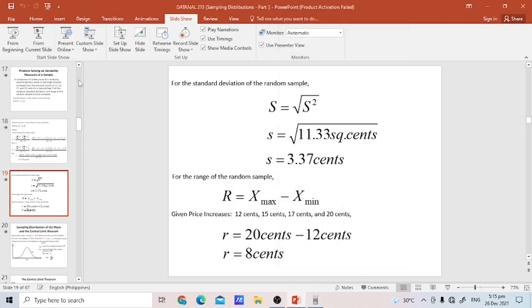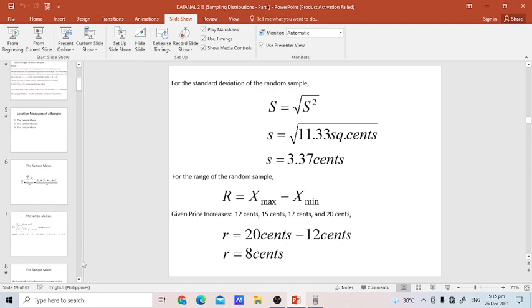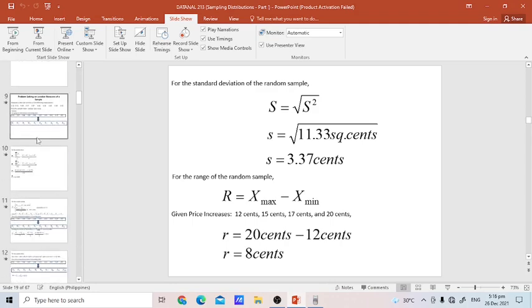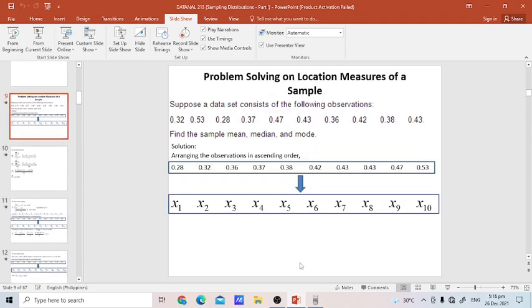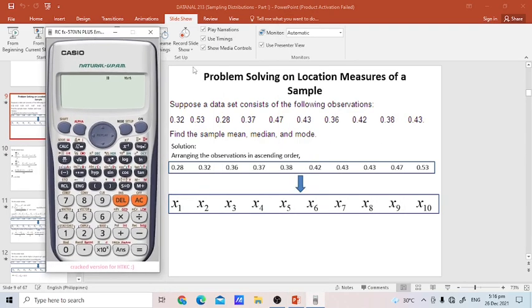So let's proceed here, finding the mean. I'll teach you how to use this calculator.